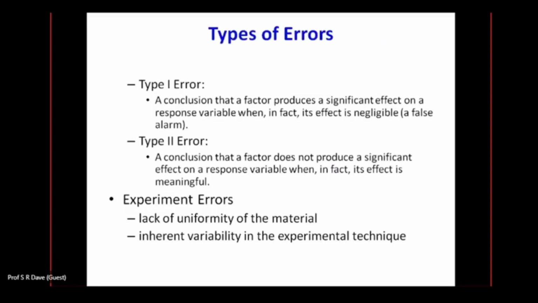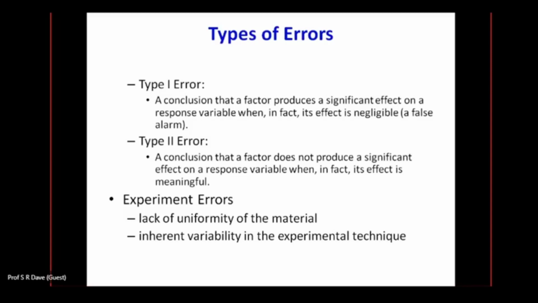When doing any hypothesis testing, normally we go for 95% significance or 99% significance, and there is the possibility of two types of error. Error 1, known as type 1 error, is a conclusion that a factor produces a significant effect on a response variable when in fact its effect is negligible.